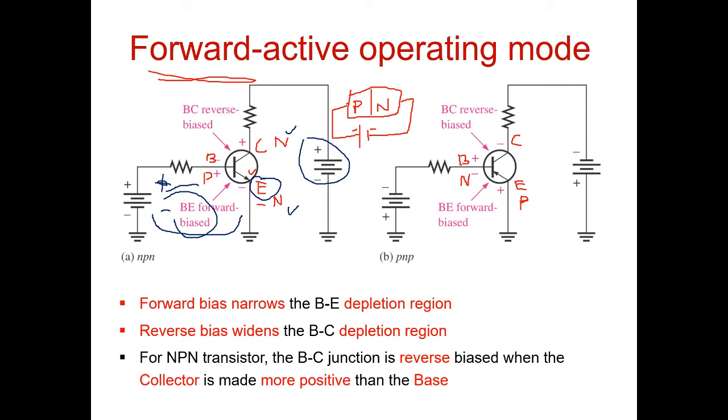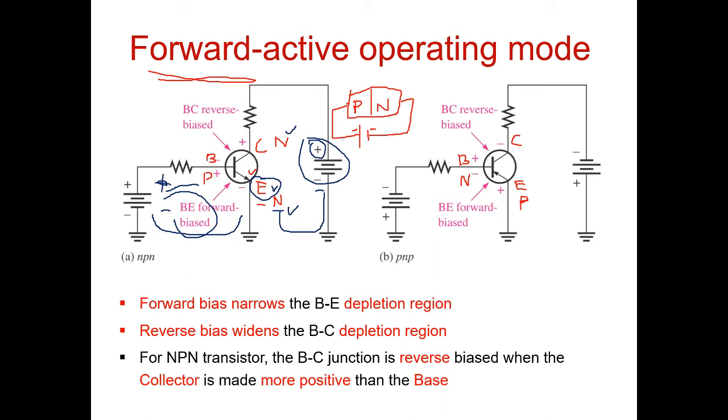You don't look at the collector even though the collector is also N-type. You refer to your emitter, what type of material your emitter is, and the emitter will be the reference for you. So here the emitter is N-type, so N will be connected to the negative terminal. Then you just connect the positive terminal of the battery to your collector, right?